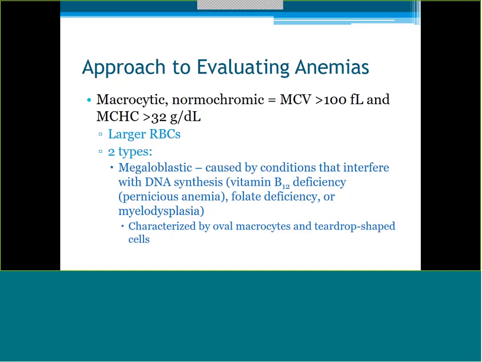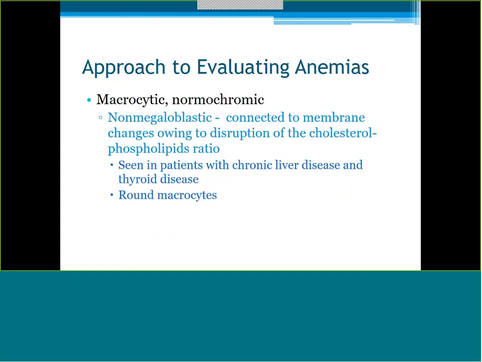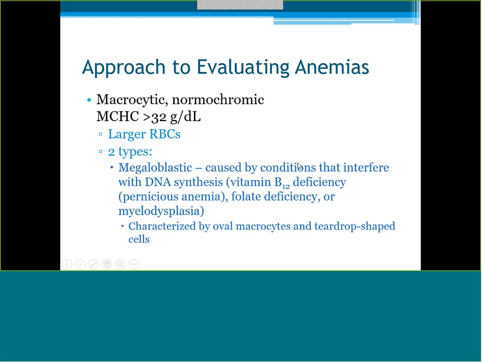There are actually two types of macrocytic anemias. We have those that we consider the megaloblastic type, in which they're caused by either vitamin B12 deficiency or folate deficiency. And then we have what we call the non-megaloblastic, which is liver disease.